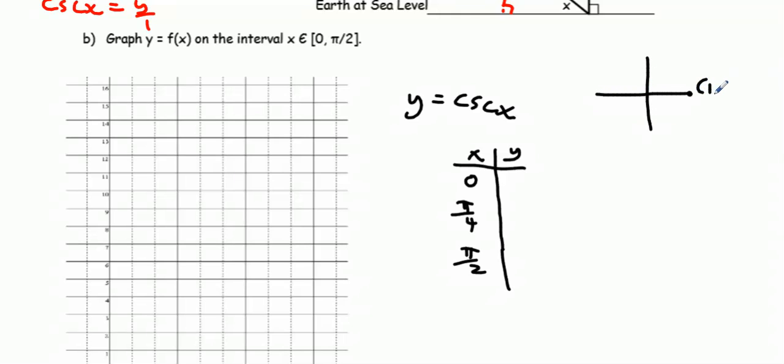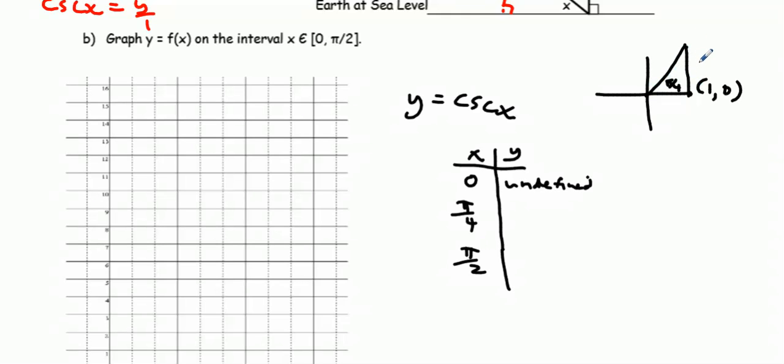Cosecant is the reciprocal of sine. Sine is 0. It's undefined here, because 1 over 0 is undefined. Pi by 4, if I go up to pi by 4, there's pi by 4.